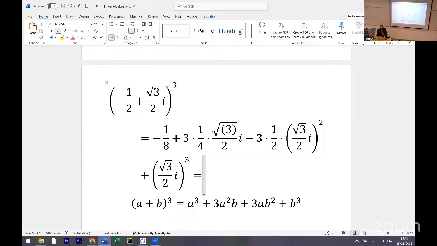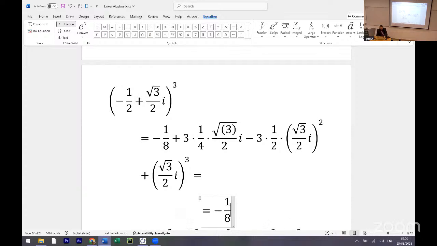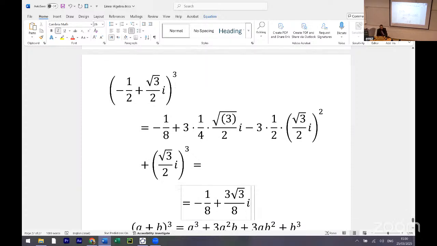Okay. So that's further simplified. I like that I said further simplified as if we simplified it some more. So it's minus 1/8. That's simple enough. And here we have plus 3 times the square root of 3 over 8 times i. Agreed?